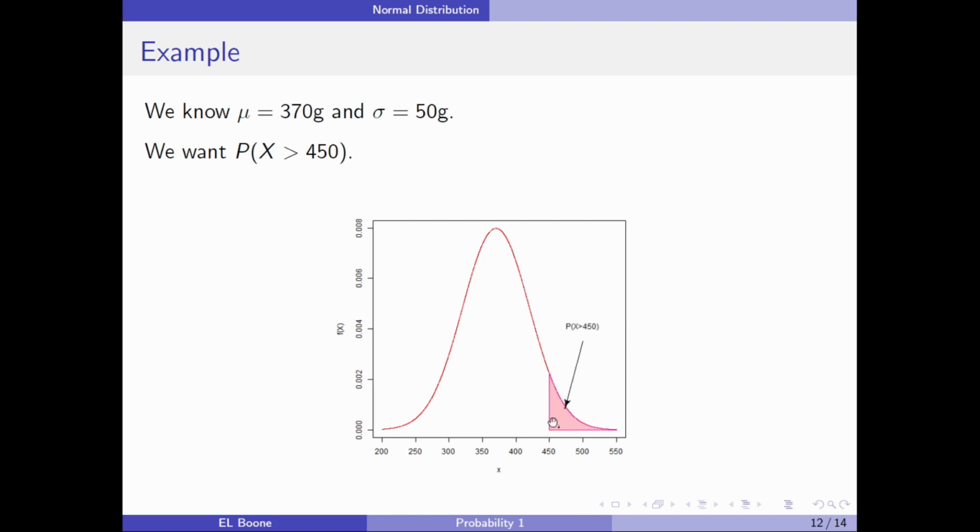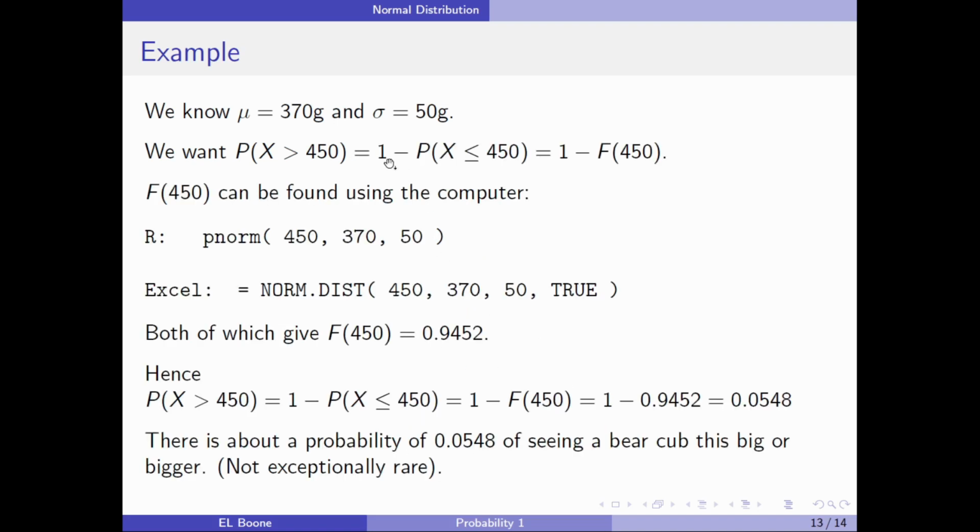All right, so this is the area we wish to know. Now, the problem here is that the CDF gives the area to the left, so we're going to have to use the 1 minus trick on this thing. So we're going to use the complement. This is the CDF, so we can easily plug it in there. And if you're using a computer, which I highly recommend you do, in R you could calculate this by using pnorm. 450 is the value we're interested in.